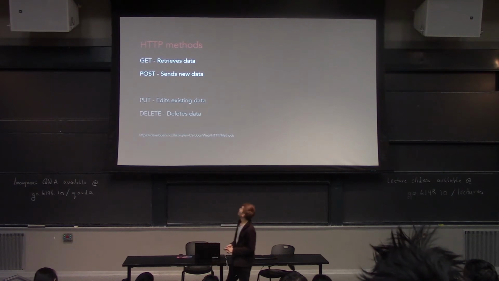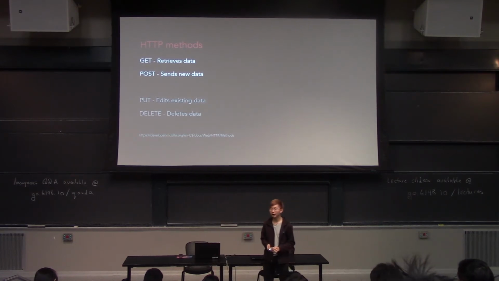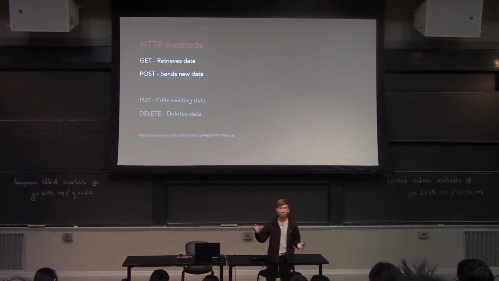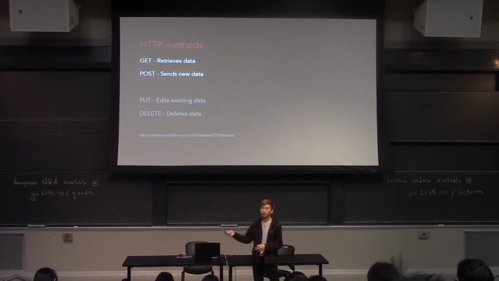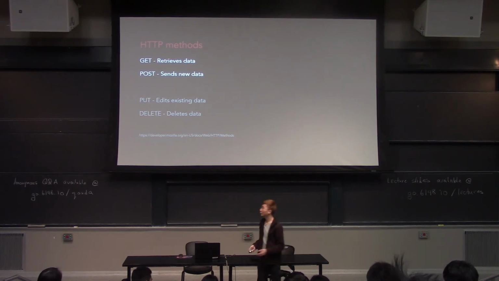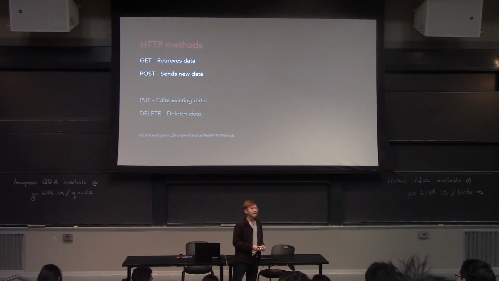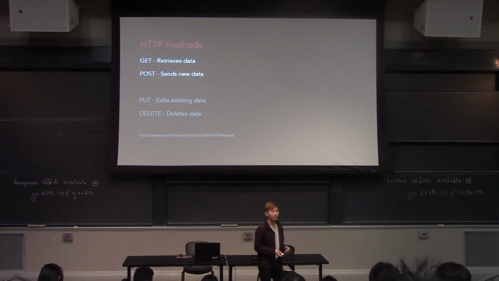A GET request is used whenever a client wants to retrieve data. For example, if I'm on Facebook.com and I click on my profile page, my browser will send a GET request to Facebook servers asking for all of the data inside my profile. A POST request is used when you want to send new data to the server.